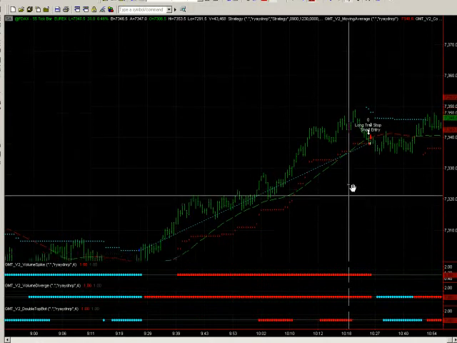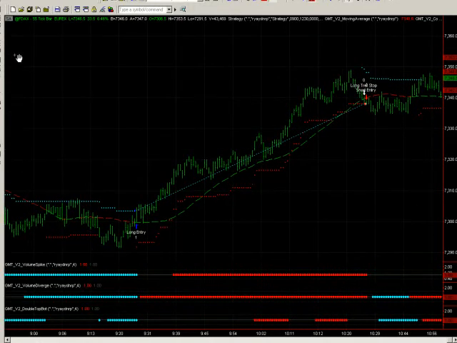Now this is on a 55 tick, so it's going to move a lot quicker than say the 89 or the 144, and the advantage to having the smaller tick chart is that you've got smaller trades. With the DAX, it's an expensive market, so we want to keep our risk fairly low.